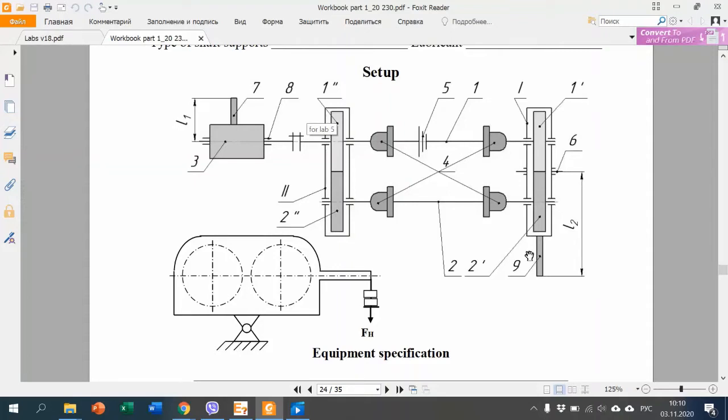Out of 4 and 5, 5 is a frictional coupling. 4 is a ball coupling. Ready?